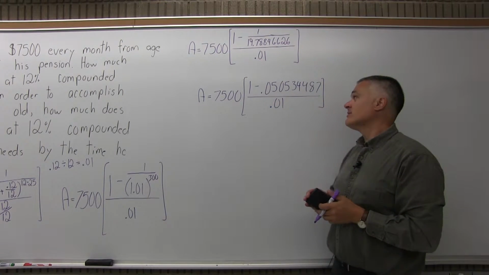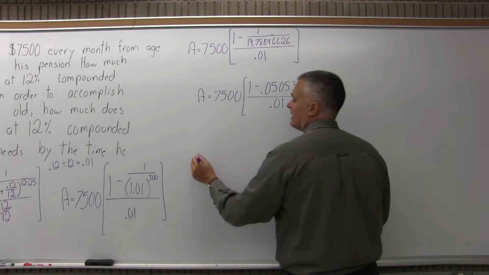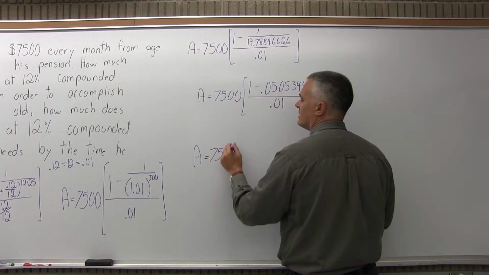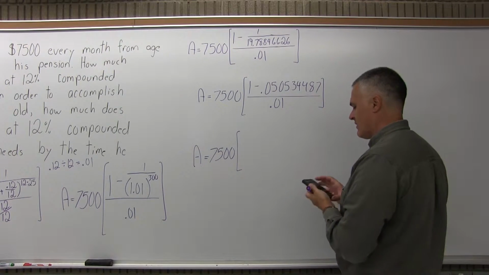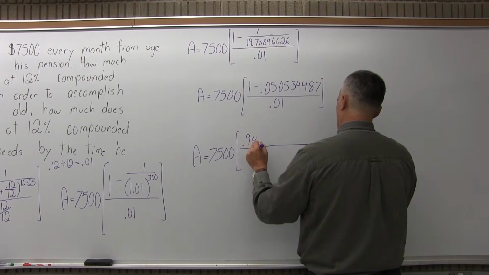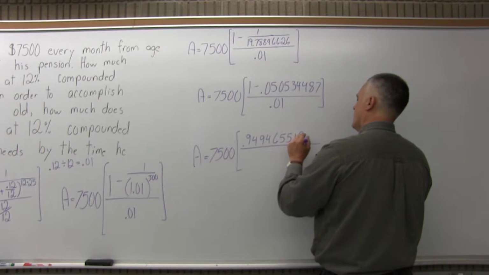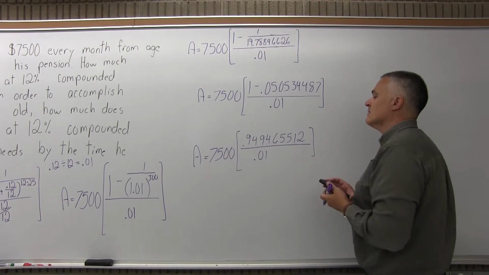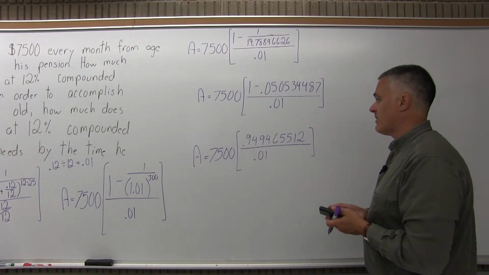So in the top of the brackets, I have to do a subtraction, 1 minus 0.050534487. And when I do that, I'm going to have A equals 7,500 times the brackets. In the numerator of the brackets, I'll have 0.9494655512, and in the denominator of the brackets, 0.01. So I can divide out the values in the brackets, 0.9494655512 divided by 0.01.